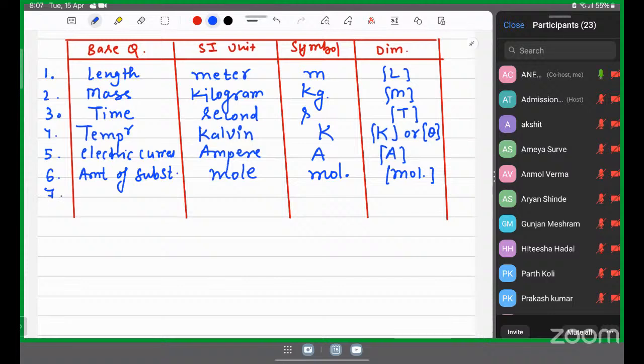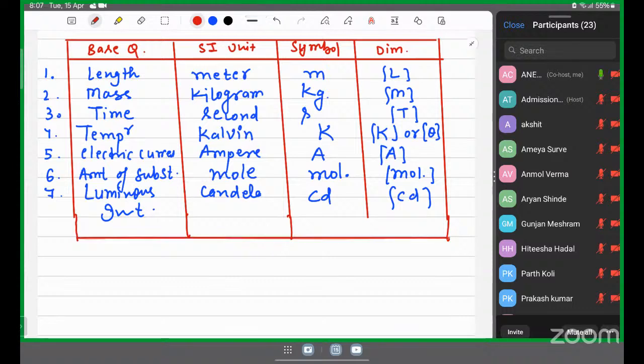Last, seventh is luminous intensity, with unit candela, represented by cd. Dimension is also cd. So in unit and dimension, you just have to remember these 7 fundamental quantities and their units. Units for fundamental or base quantities are known as fundamental units.